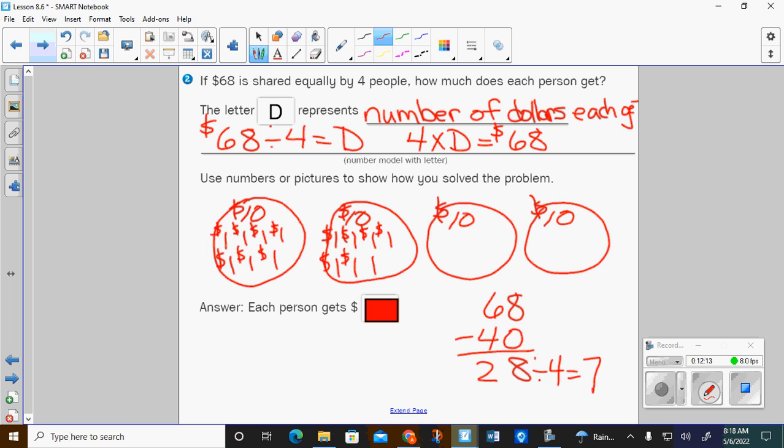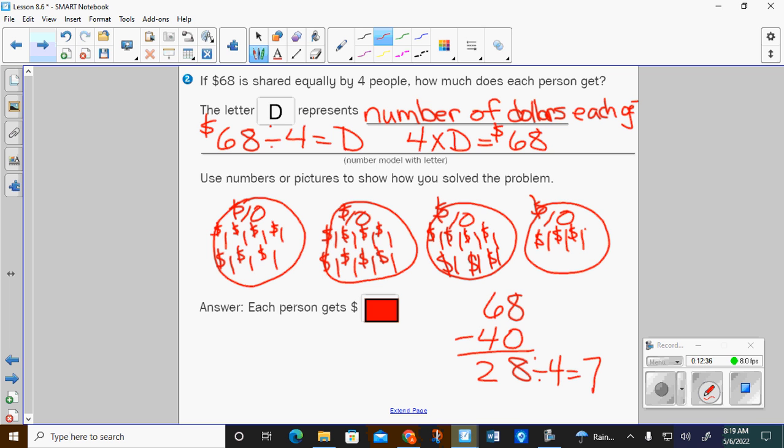And I could have done those separately if I did not know that 4 times 7 equals 28. I could just start putting $1 in each person's circle here until I got to the 28. Okay, so either way would not matter.